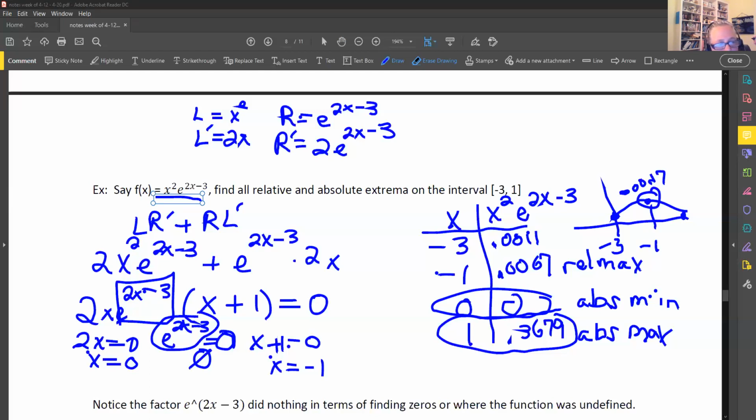Oh, that's right. Okay, I'm going to zoom in on a little boxy area and see if I can see that maximum at -1. That's good enough. Boy, really hard to see.